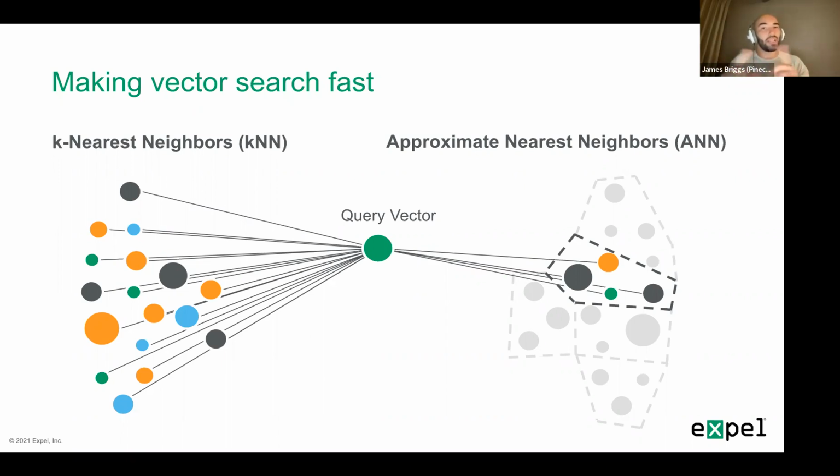Let's say you only have 1 million of those. You need to perform 1 million comparisons. And that is not going to be that fast. And when you're doing this comparison between all of the vectors in your database, we would refer to this as k nearest neighbors.